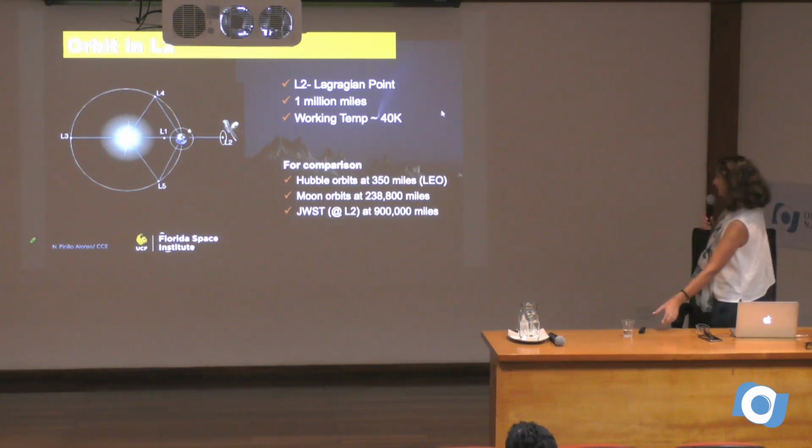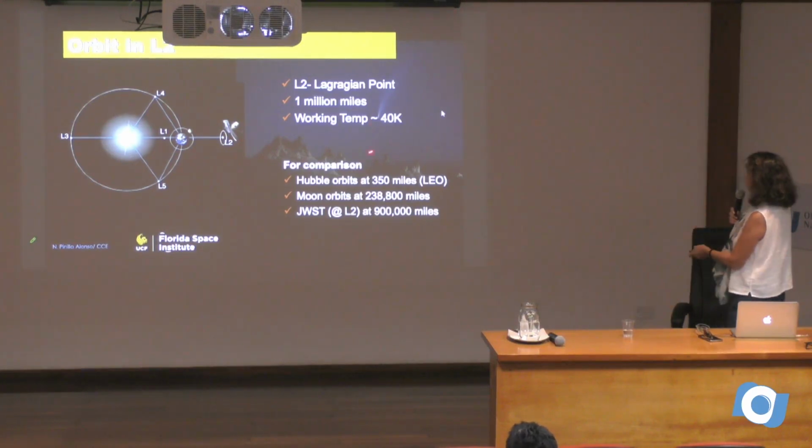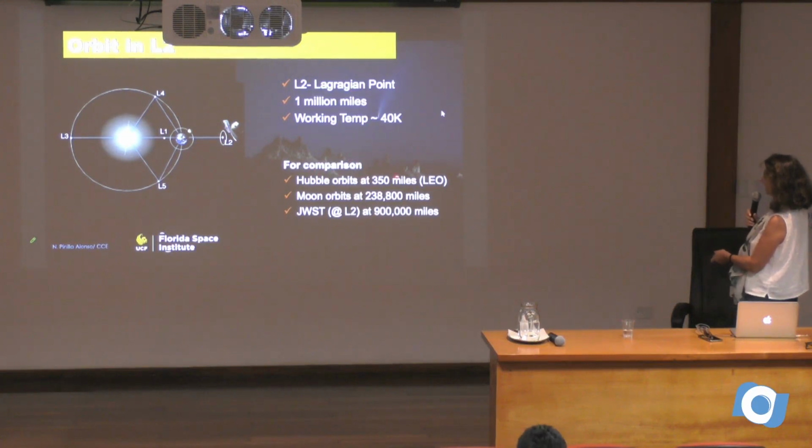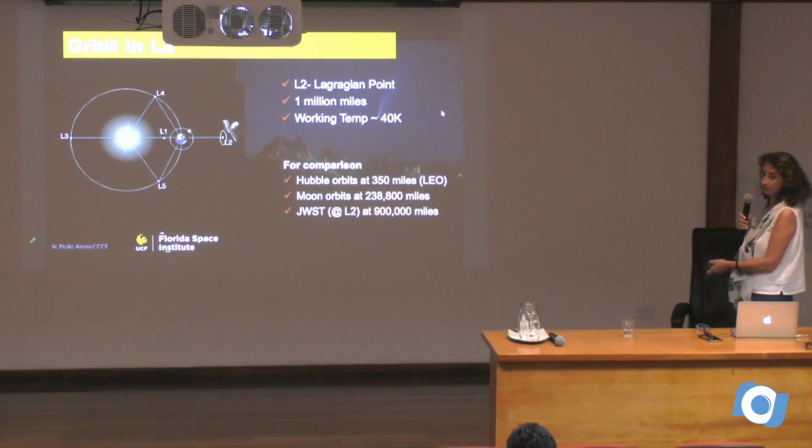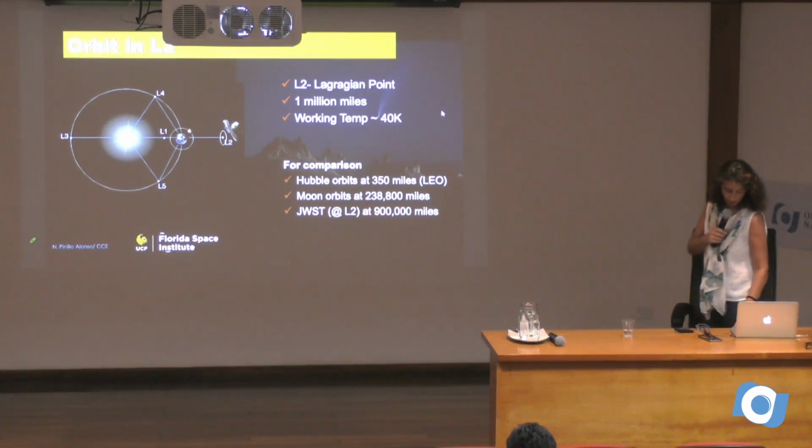So if you want to compare it with where Hubble is, Hubble orbits at 350 miles, the Moon at 240,000 miles, and JWST is almost at 1 million miles. So really far away.